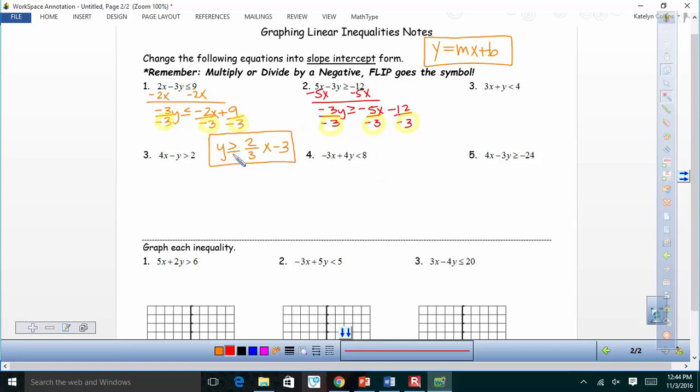Just like we did in the first one where I circled all the negative 3's, the sign is going to flip. So it would be y, and instead of greater than or equal to, what would it change to? Less than or equal to. And then negative 5 over negative 3 is a positive 5 over 3x plus 4. Very good.